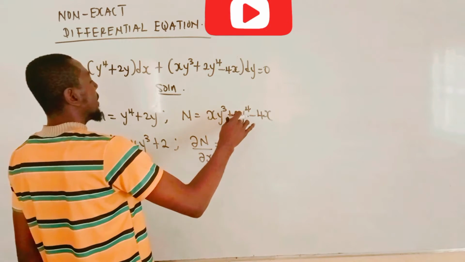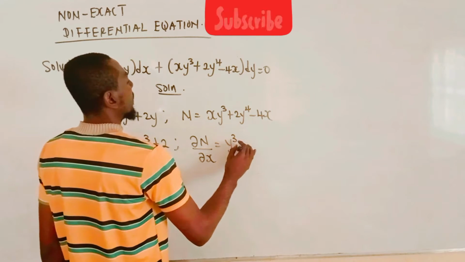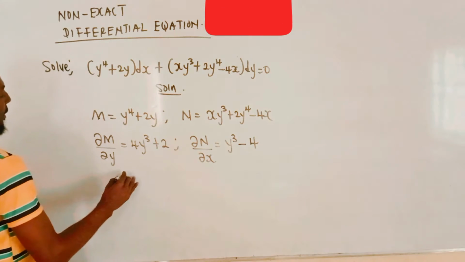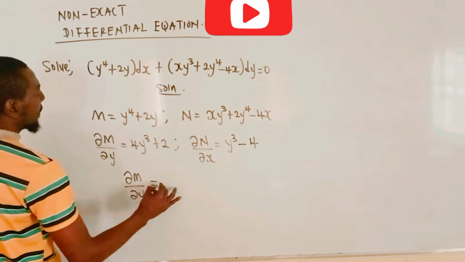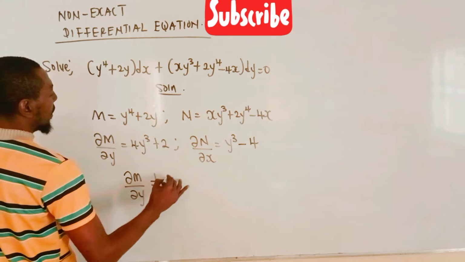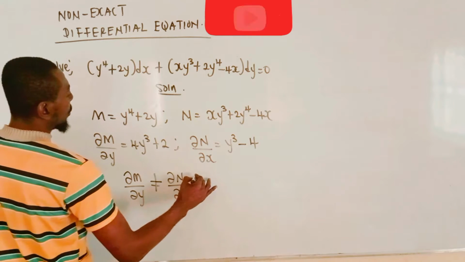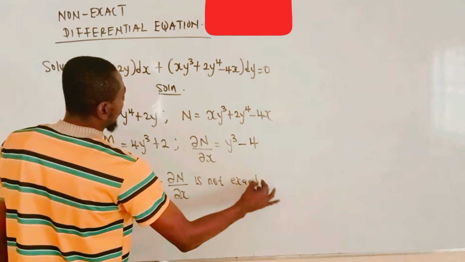This is 0 because it doesn't contain x, and differentiating 4x is 4. We have minus 4 here. So it's evident that the partial derivative of M with respect to y is not equal to the partial derivative of N with respect to x, which shows that it's not exact.